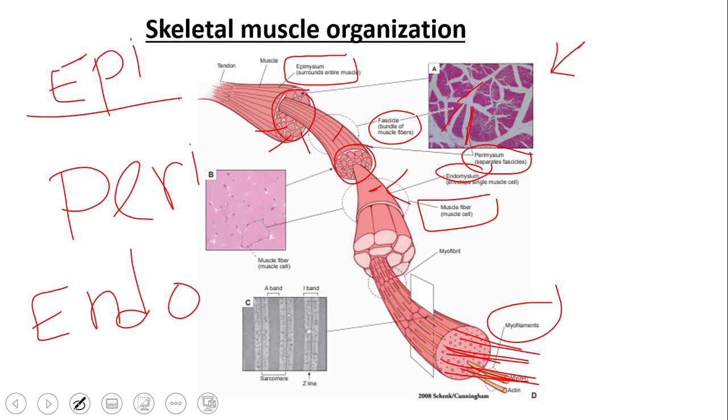The muscle has fascicles, and each fascicle is surrounded with a perimysium. Each fascicle has individual cells, and each cell is surrounded with an endomysium. So from outside going in: epi, peri, endo. Epi, the cover for the whole muscle. Peri is the cover for fascicles, and then endomysium is the cover for the individual muscle cell or muscle fiber.